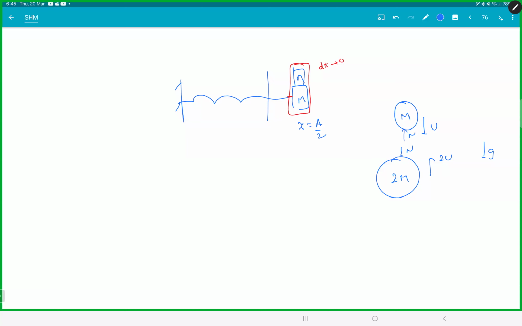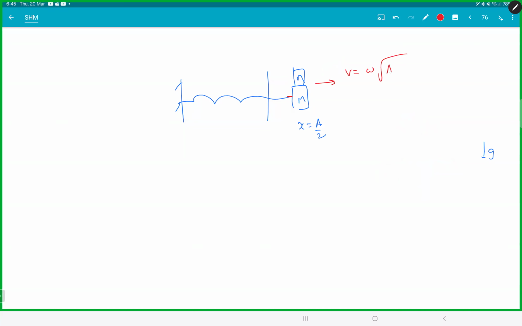Are you getting that argument? You can't ignore it throughout. So just before and just after, you can ignore it and conserve momentum. Same way, at a by 2, what will be the velocity? At a by 2, the velocity will be v is equal to omega root over a square minus x square. So just after sticking, the velocity becomes half.